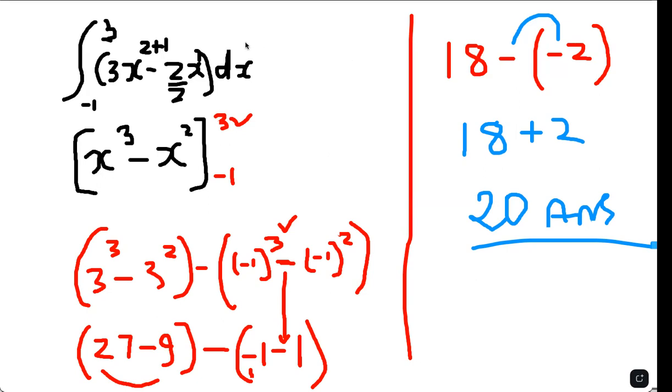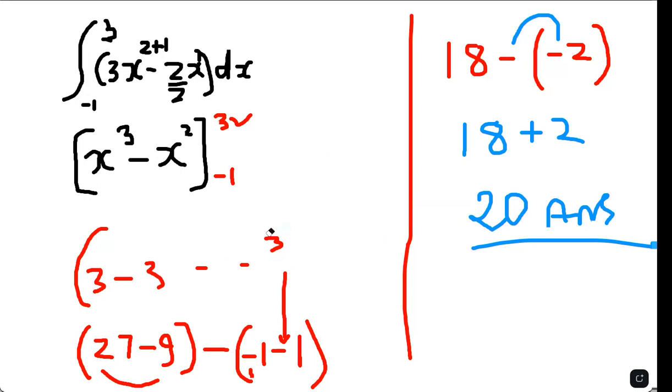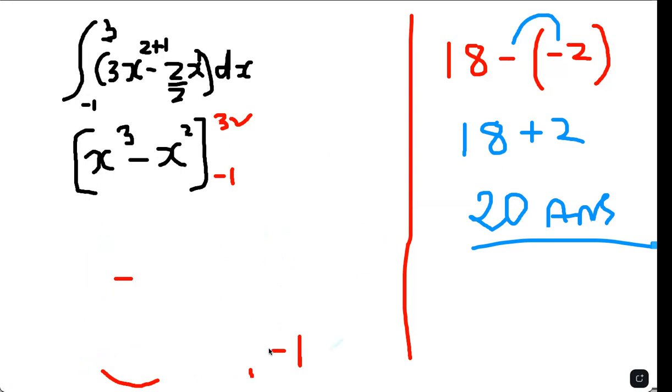What happened was this. Allow me to rub everything. What we have is this. Our upper limit is 3, which is positive, so we'll keep it that way, that the 3 is being multiplied 3 times, minus the same upper limit substituted because we have an x, which is 3 power 2.